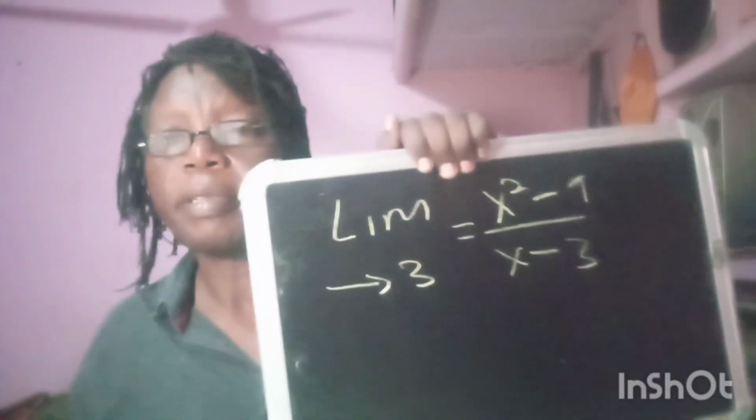I'm going to give you something in maths which looks like this, let me write it down, LIM, and then give you a function like this one over this. Then I tell you to find the limit of this.